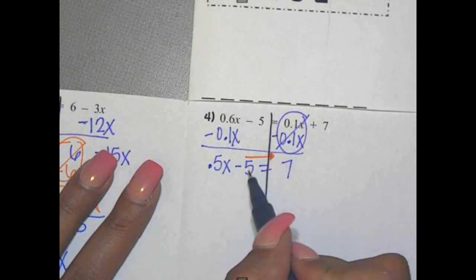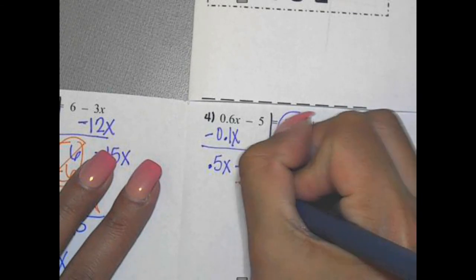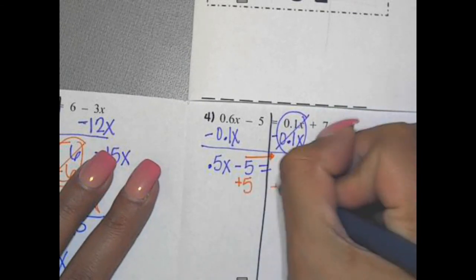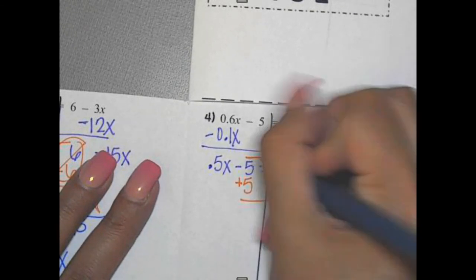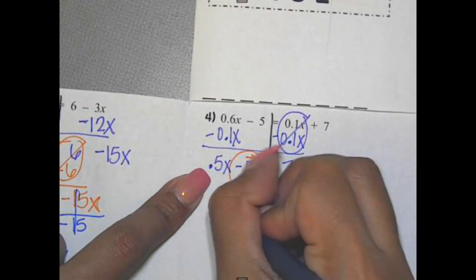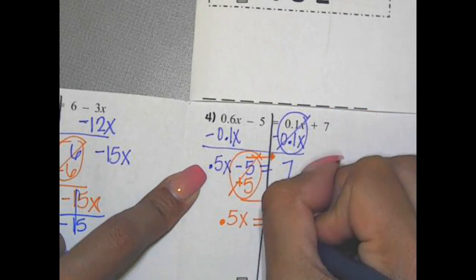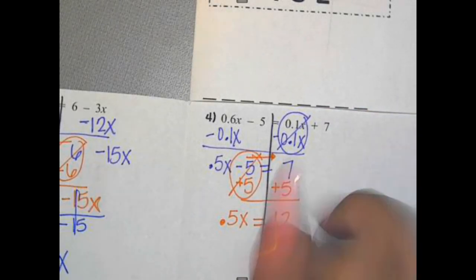Now it is a -5, so I need to go ahead and do the opposite or the inverse, which would be to add 5. That will give me my zero pair. I'm left with 0.5x equals 7 plus 5. That's going to give me 12.